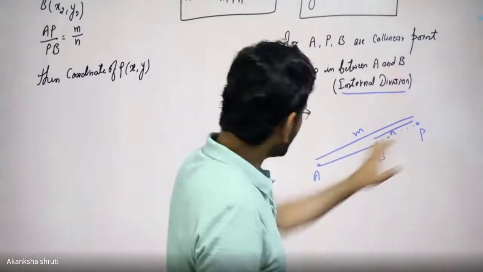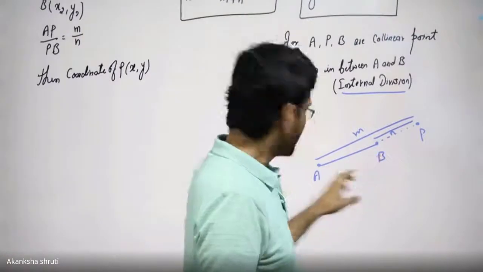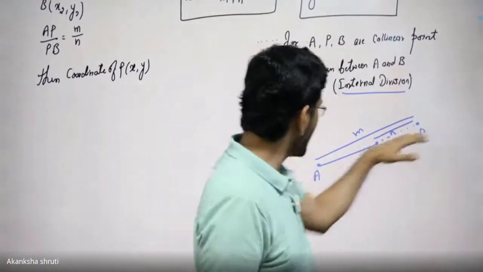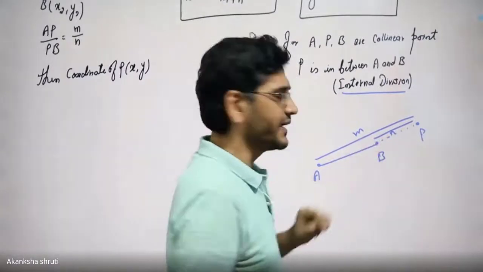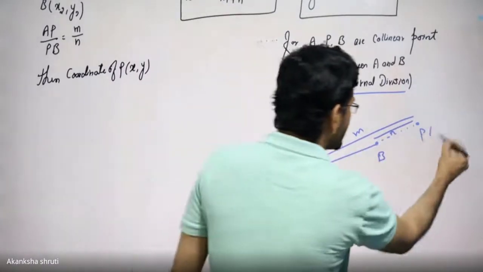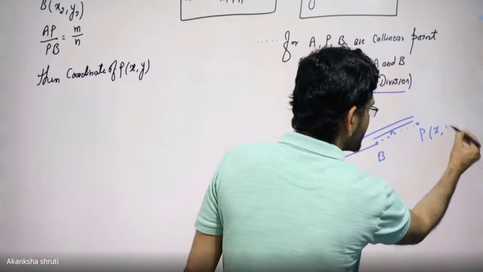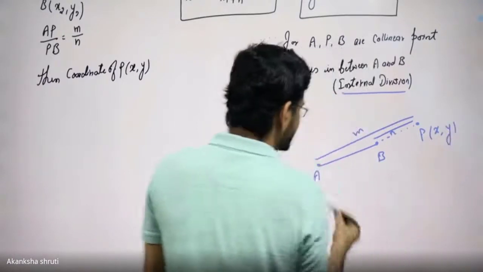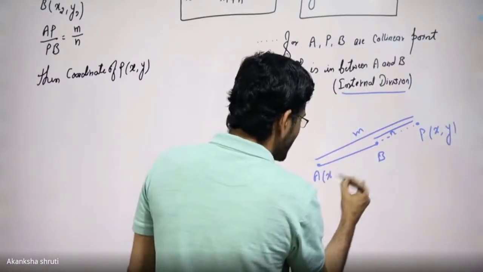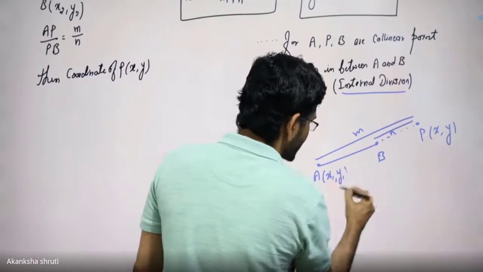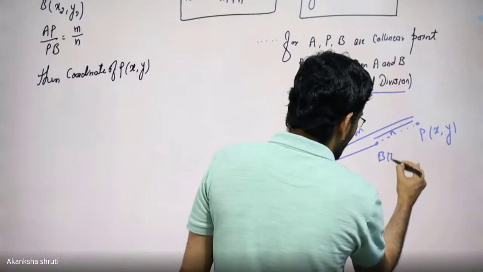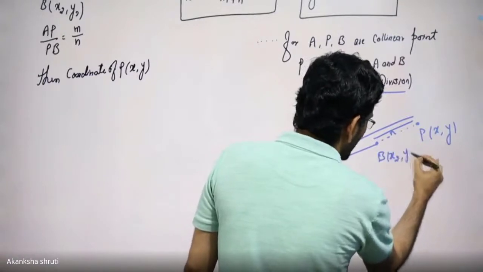When this P is outside AB, but it is on the same line, means still A, B, P are collinear, then the coordinate of P as (x, y) can be determined in terms of the coordinates of A, which is (x1, y1), and B, which is (x2, y2).